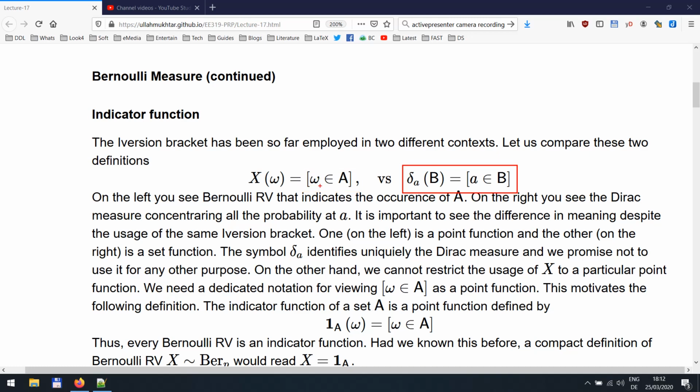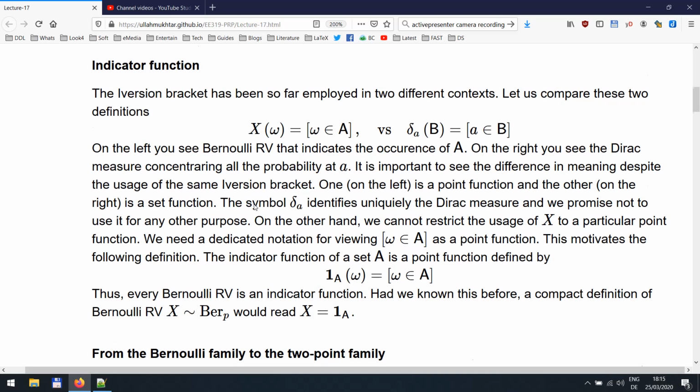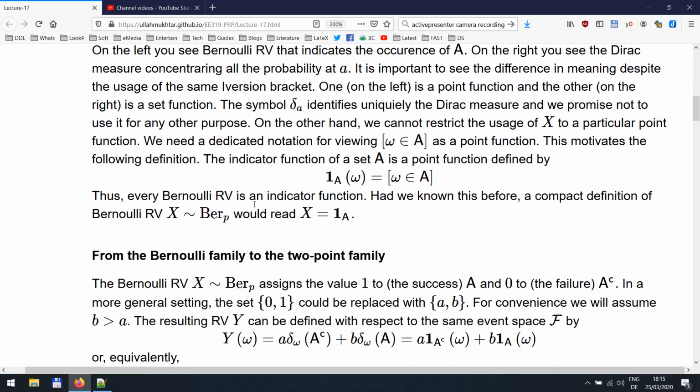And that brings us to a new definition, and that is the indicator function. Let me tell you why we call it an indicator function. This usage of the Iverson bracket only answers one question, and that question is whether the outcome belongs to A or not. So you have observed an outcome, and this function tells you whether A has occurred or not.